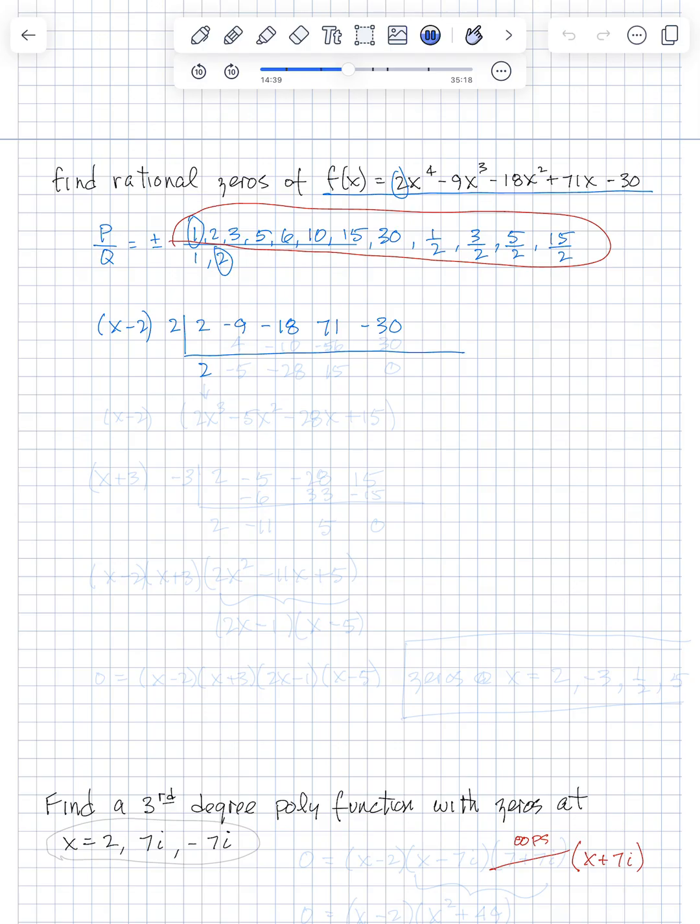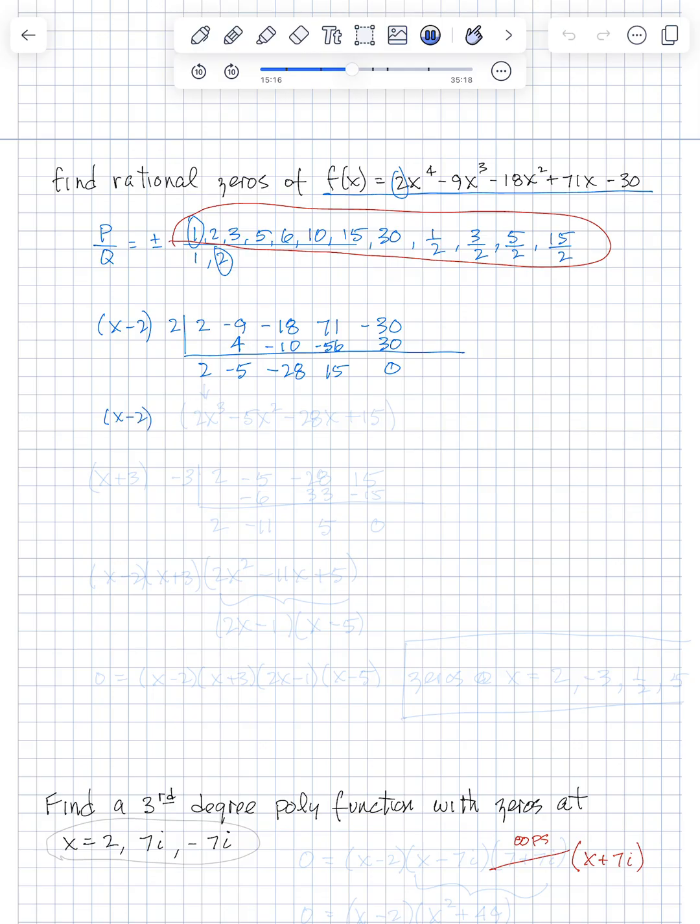We'll bring down the 2. 2 times 2 is 4. 4 and -9 is -5. 2 times -5, -10. And this would be -28. 2 times -28 is -56. Add those two is 15. 2 times 15 is 30. And then this would be 0. So this means our factor x minus 2 is a factor.